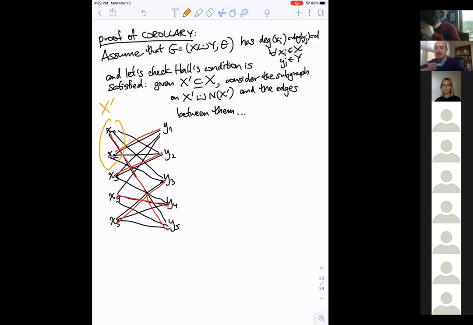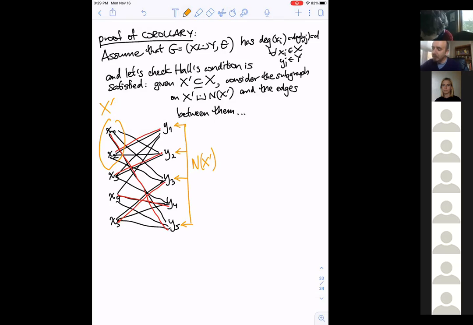I'm going to look at who their neighbors are. Let's see if we can carefully do this. This one is in their neighbors, this one, this one, this one, that one we already have, and that one we already have. I think that's it. So that's N of X prime.